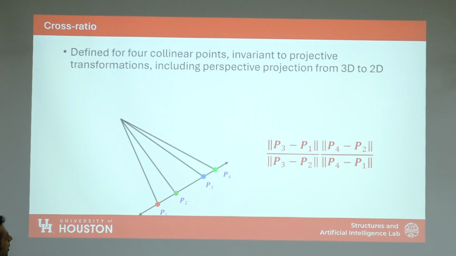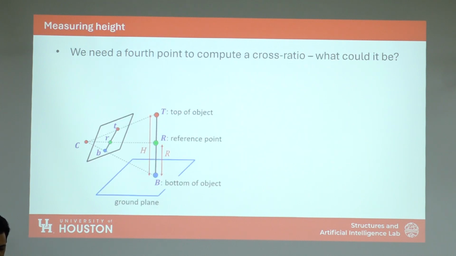So if I were to have some vanishing point and then I sample at a different location, a different angle, then this expression is still the same. Okay, that's what the invariant means. So it's also invariant to the permutation of the points. And now we can use that invariant to help us.